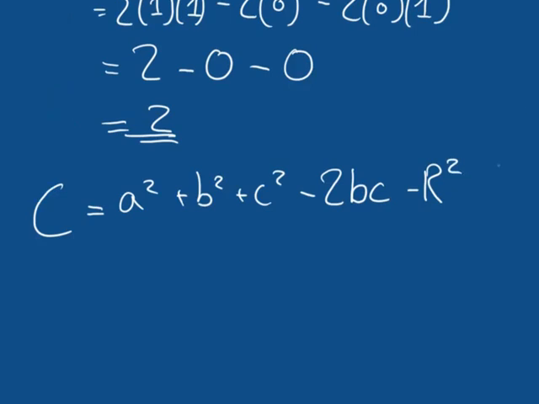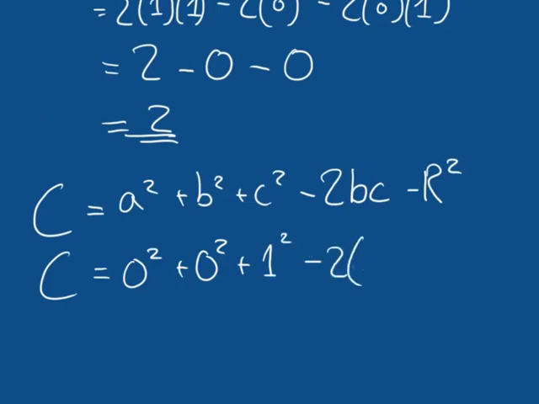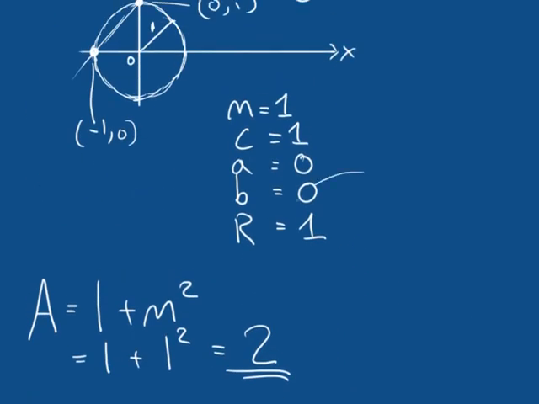If we put our numbers into this, that means c is equal to 0 squared. Oh, not 0 to the power of 0, 0 squared. Plus 0 squared, plus our intercept was 1, so 1 squared, minus 2 times b is 0, c is 1, minus r, if you recall, our radius is 1, so minus 1 squared.